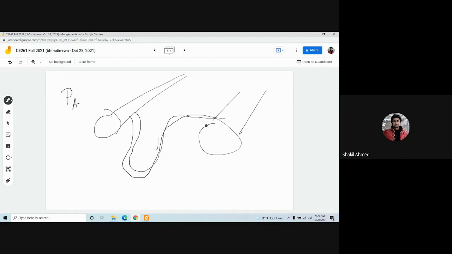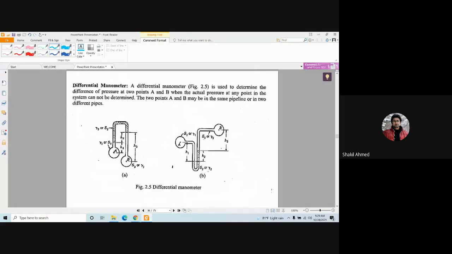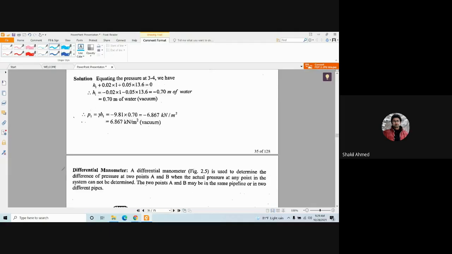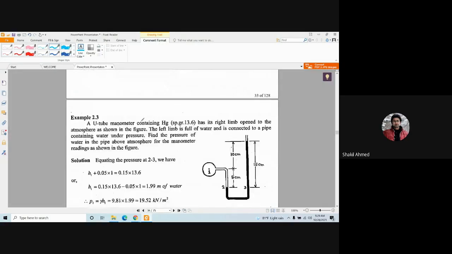That's it. Like this one. Look, you have a pipe here and a pipe here. So you're using a manometer to know the difference between the pressure at these two points, PA minus PB. Clear? Yes. This is called a differential manometer.